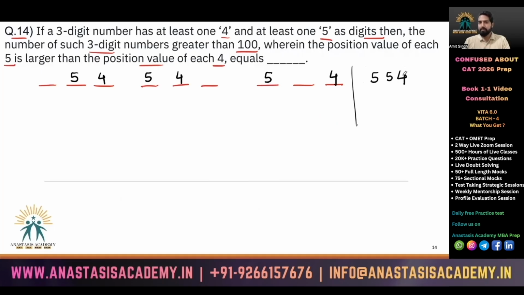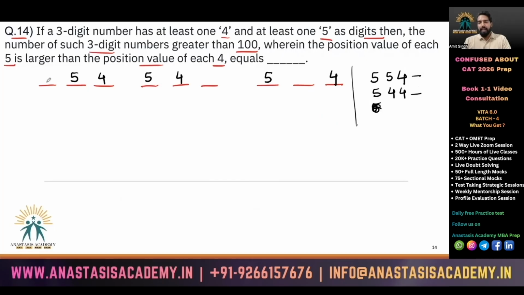It would be one such number. And it is possible that 544 would be a number, right? So there are only two possibilities of these numbers, where these numbers consist of 2 fives and 2 fours, right? So one is this, one is this.